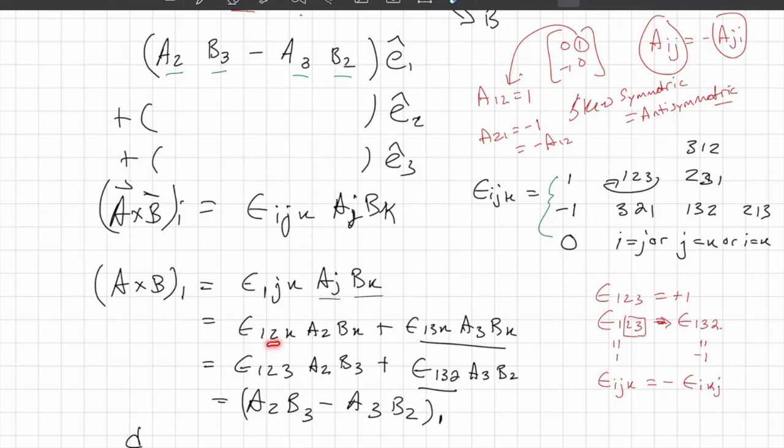So then I get the J equals 2 term, and then I also get the J equals 3 term. Now I'll do the final sum over K. Well, K equals 1 vanishes. K equals 2 vanishes. So all I get left is K equals 3. And then for the second one, I only get K equals 2.